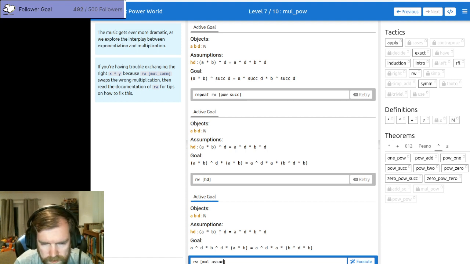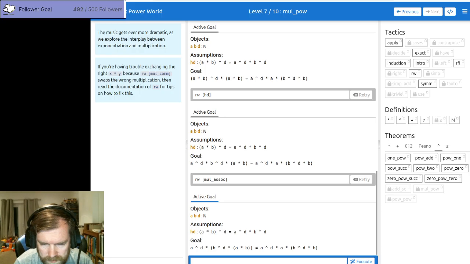Rewrite multiplicative associativity. If we just rewrite multiplicative associativity, right, that takes all that stuff into the center. Ugh.